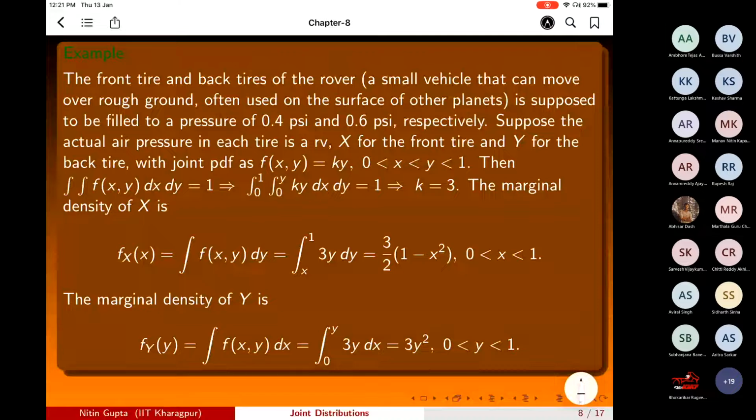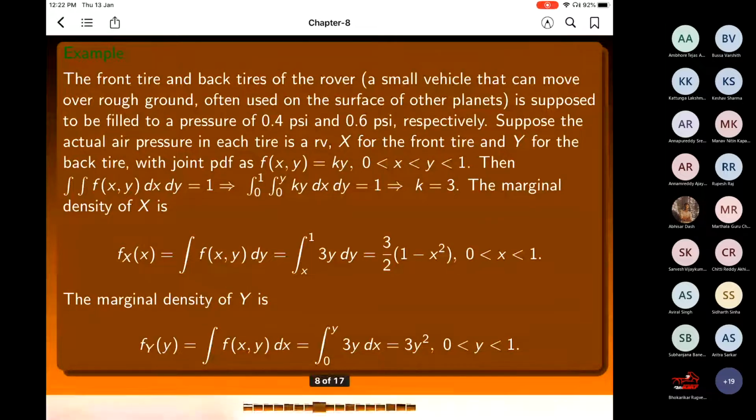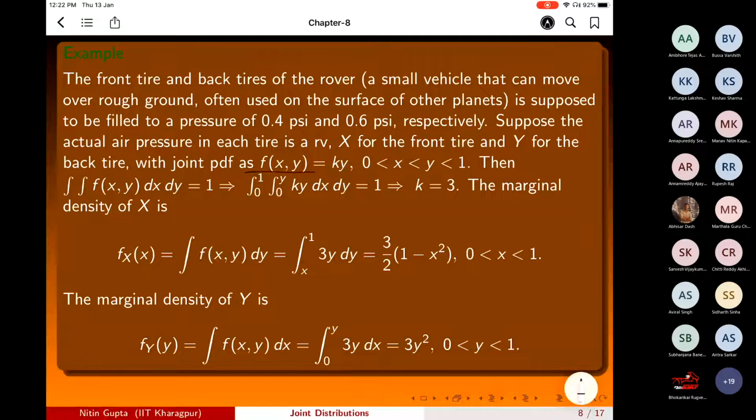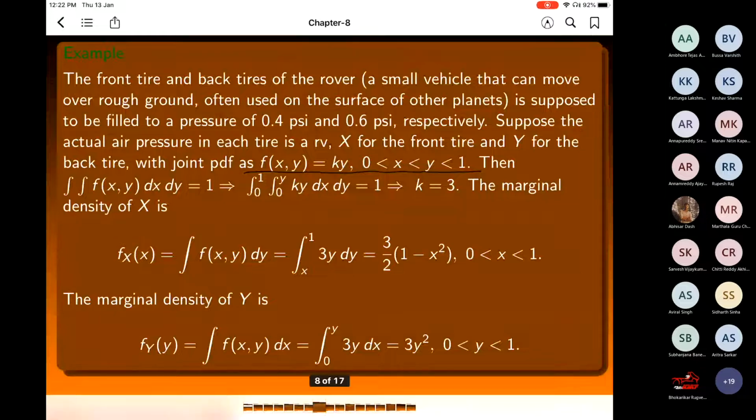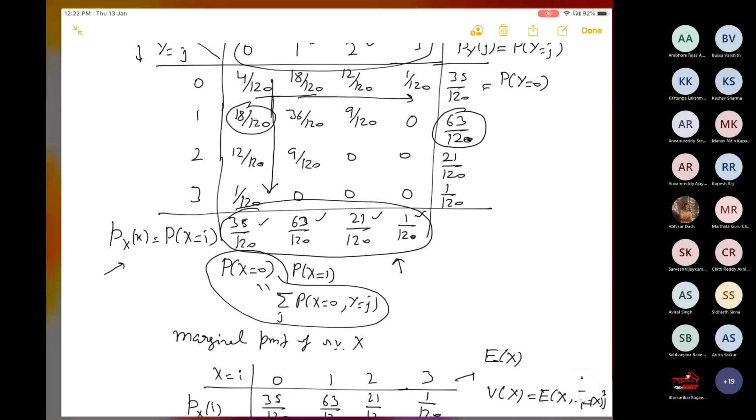Suppose the actual air pressure in each tire is a random variable, X for the front tire and Y for the back tire, and the joint probability density function is given by k y, with x between 0 and 1. First, find the value of k. Then find the marginal densities of X and Y and the conditional densities.